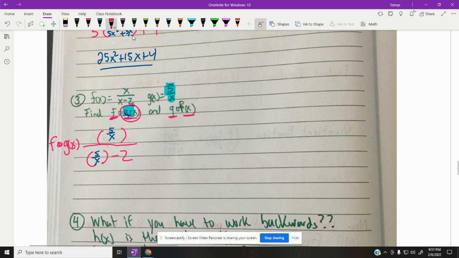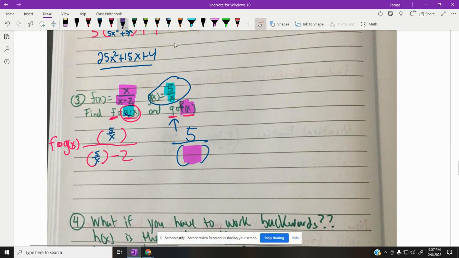Now here on this one, we're kind of doing the opposite. We're starting with the G. So that means I'm going to have 5 divided by parentheses. Okay, and now my F is what gets plugged in here.